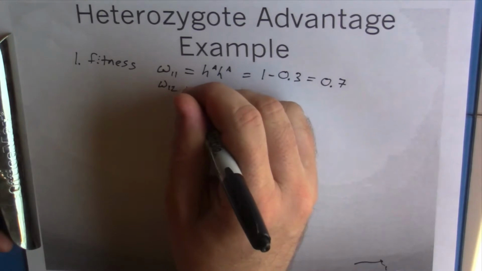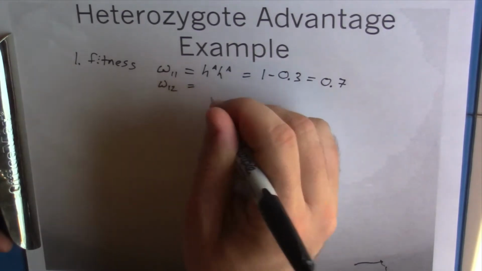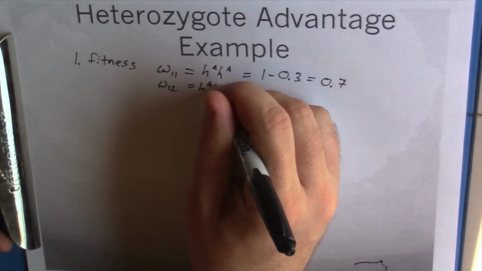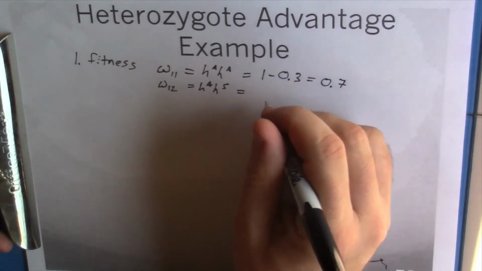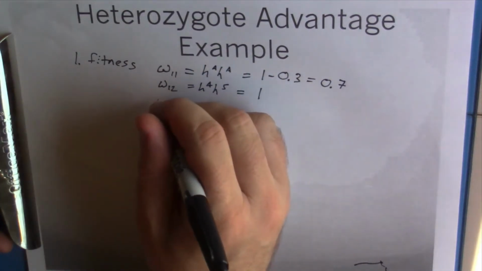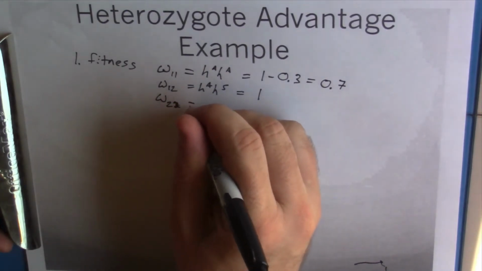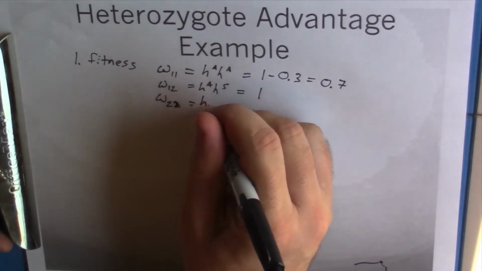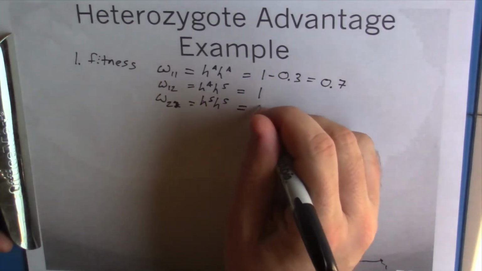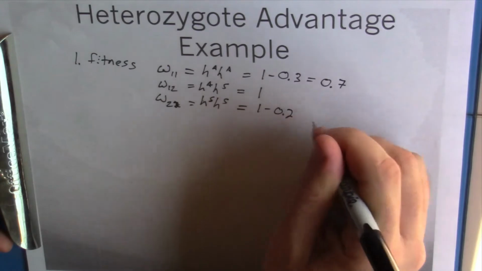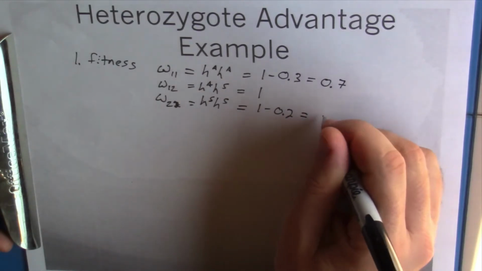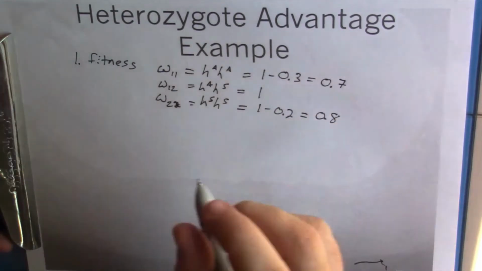Omega 1,2 of the heterozygote is equal to 1, and omega 2,2 of the disease allele homozygote is equal to 1 minus 0.2, which is equal to 0.8.